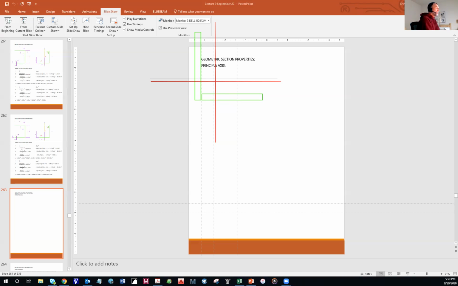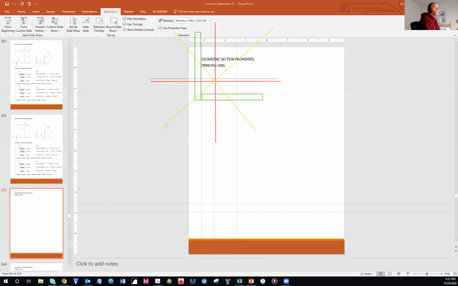And my point of all this is that this particular angle, the principal axis, is actually here and here, like so. You guys can still see my screen, right? Okay, good.